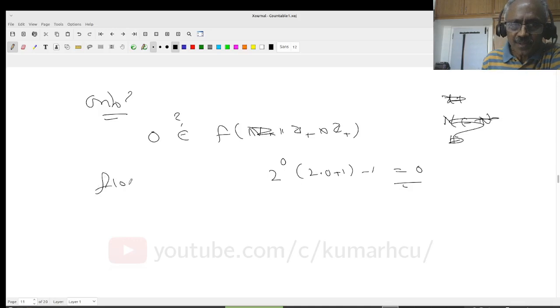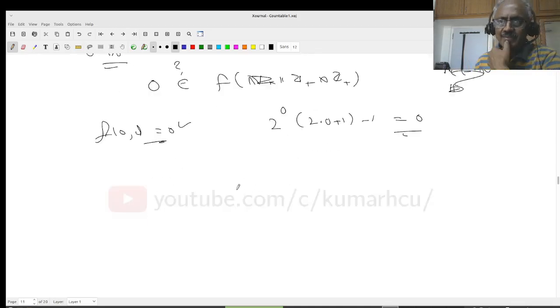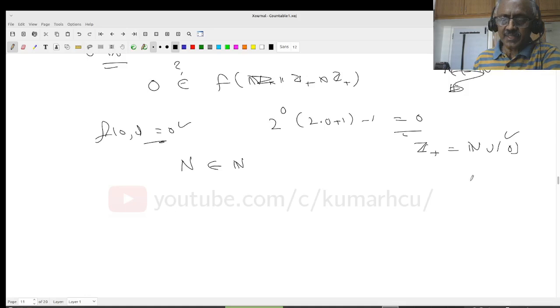That is, f of (0,0) is 0. Is that okay? Right. So let me assume I start with an n which is in N, because I have to look at its onto, but this is N union 0 and I have said 0 is already in the image. So I only have to prove every element of N is there.